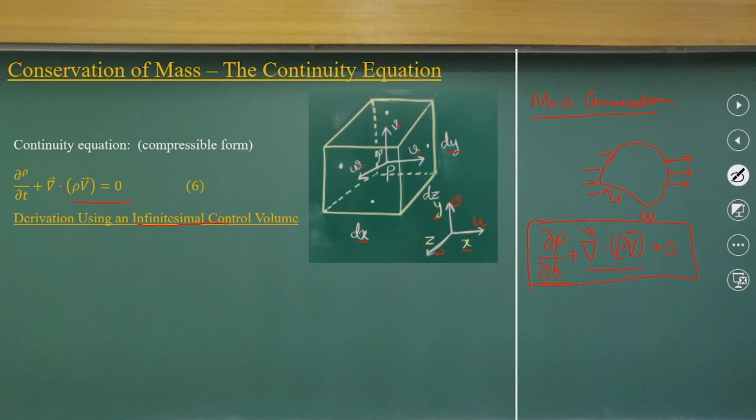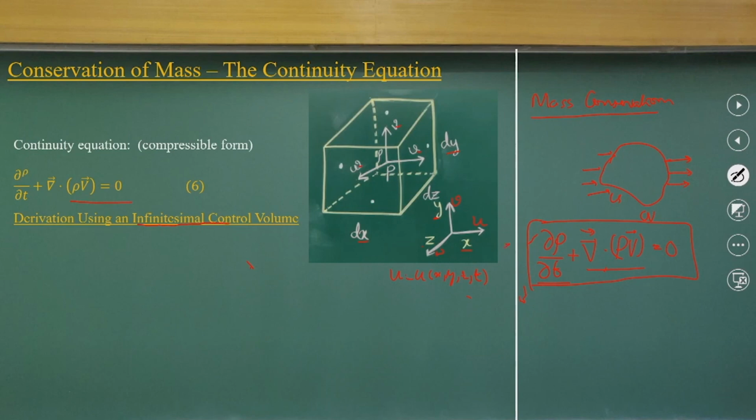As you know, the velocity is a function of space and time. So, for this simple control volume, we want to derive the mass conservation equation. Again, we have to look at the change of the mass storage within the control volume, and the net outflux of mass flux going through the control surface.